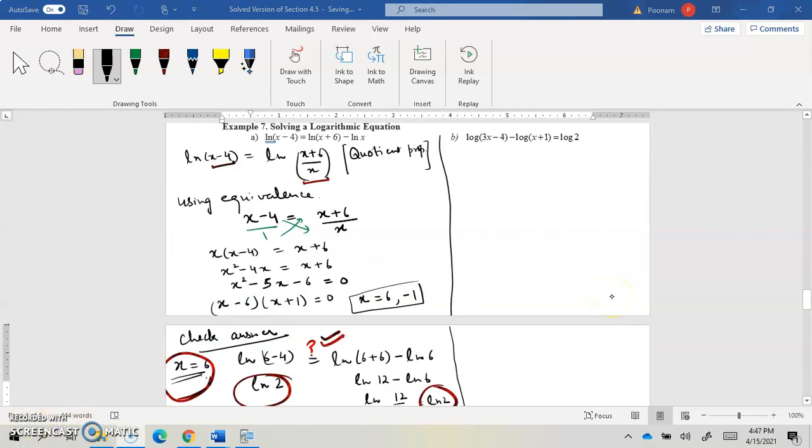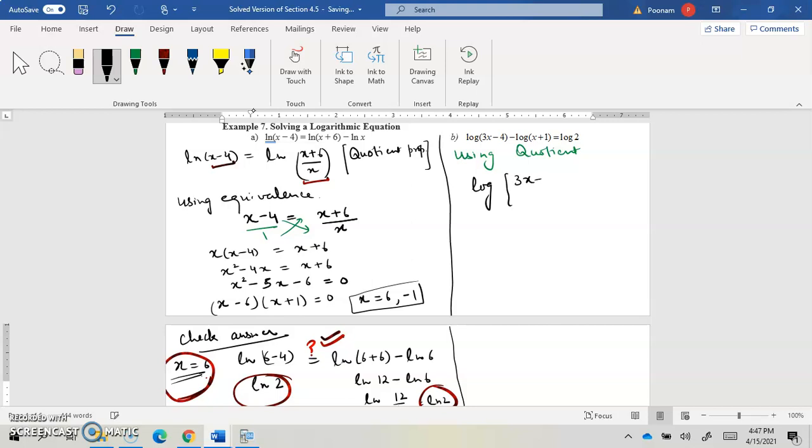Let's work on part B of question number 7. We have log of 3x minus 4 minus log of x plus 1 is equal to log of 2. All the terms are log terms. They are common logs. But the left hand side has 2 log terms. So I'm going to use the quotient property first to make them 1 log. See how those properties which we did in the last section help us here.